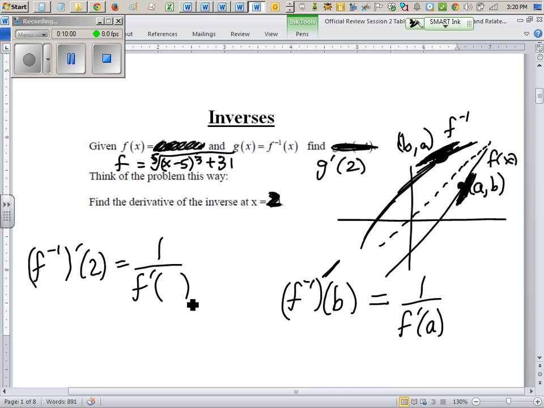2 is an x-coordinate. Okay? It is an x-coordinate, but not for F. It's one of F inverse's x-coordinates. That 2 is not an x-coordinate of F. It is an x-coordinate of g. So how would you understand the 2 then in terms of function f? It's not an x-coordinate.